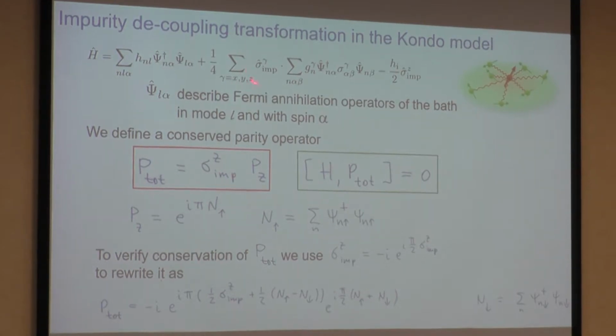Then we have the interaction between the impurity spin and the spin of the fermions. Now we introduce something more generic. You can see that we do not insist on the interaction being SU(2) symmetric. In fact, I will show you examples when we go away from the symmetric point.